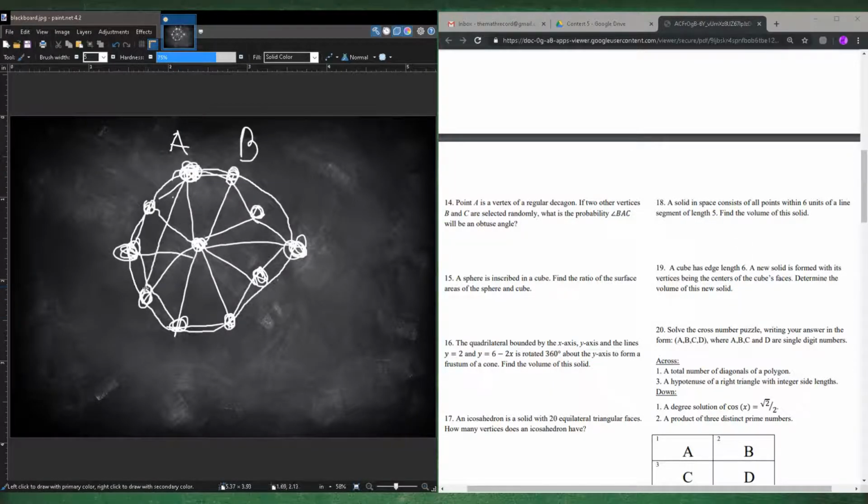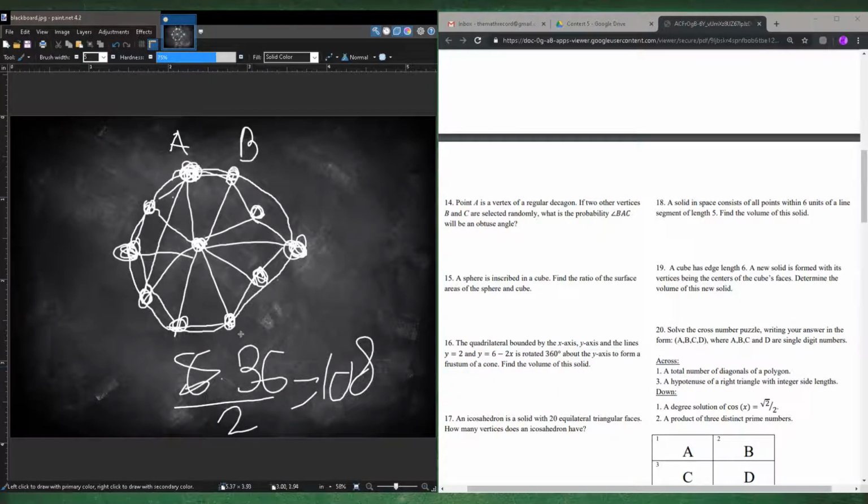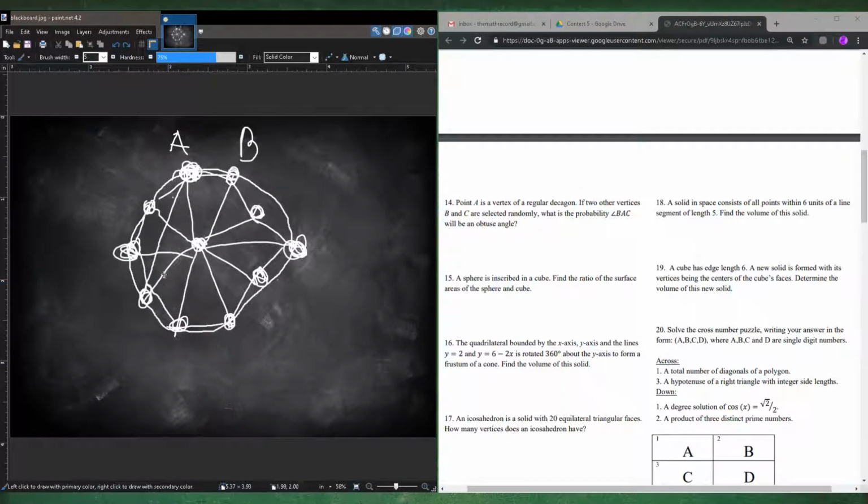So you have a point right here, which works because it's 6 times 36, because each of them is 36, divided by 2, is 108, which is obviously obtuse. Because if you have 5 times 36, that's 180 divided by 2 is 90. So that can't work. So you could put a point right here, and right here, and right here, because this is obviously obtuse, and this would be obtuse.